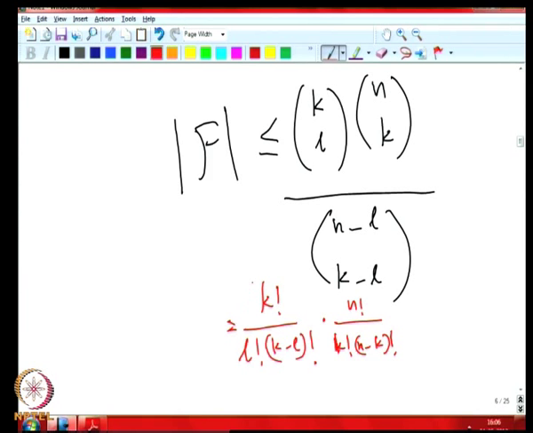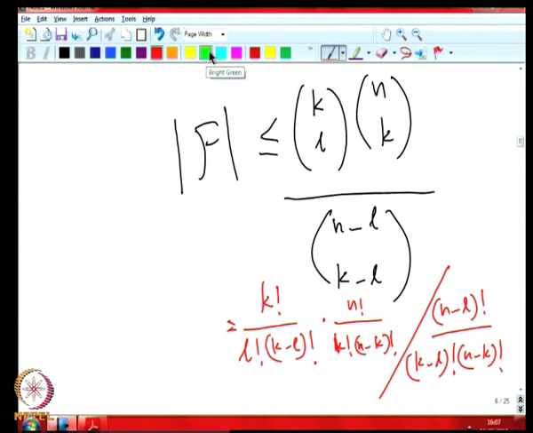This total is divided by n minus L factorial divided by k minus L factorial, and n minus L minus k minus L is just n minus k factorial. So here what all things will cancel. This n minus k factorial and this n minus k factorial will go away, and this k minus L factorial and this k minus L factorial will go away.